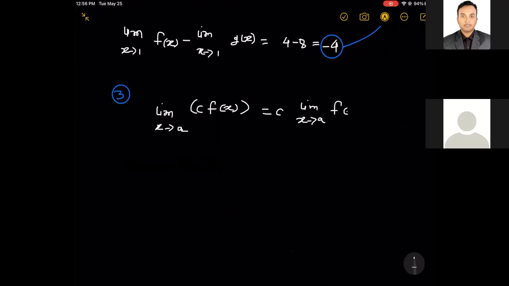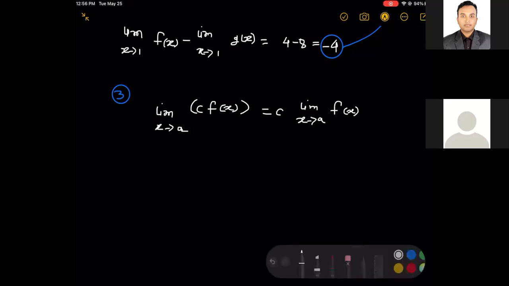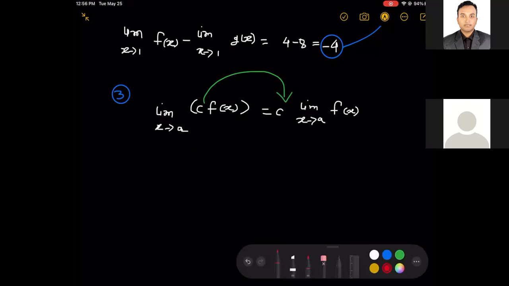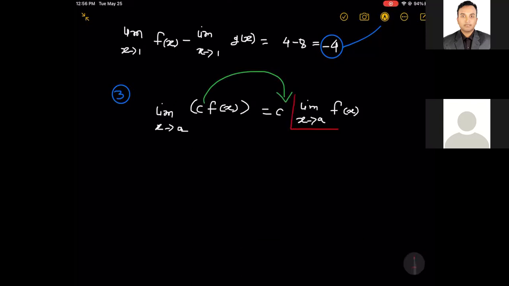Now, what does this mean? This means if you have a constant with a function, whatever the function is, as a product, instead of keeping that inside your limit, you can bring it outside like this, find the limit of the function and then multiply those.